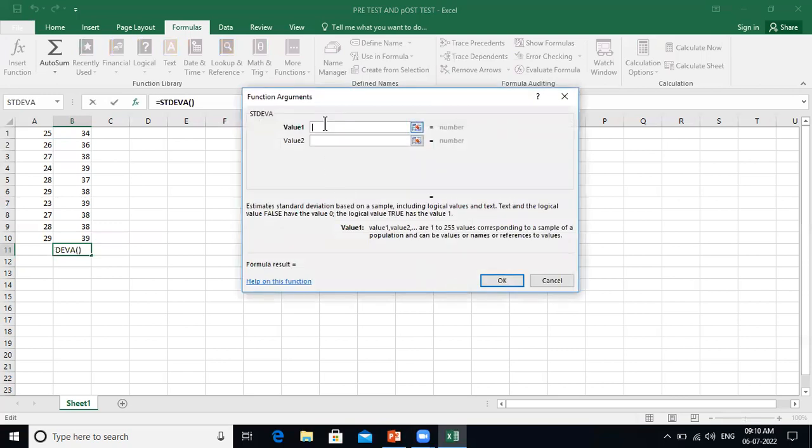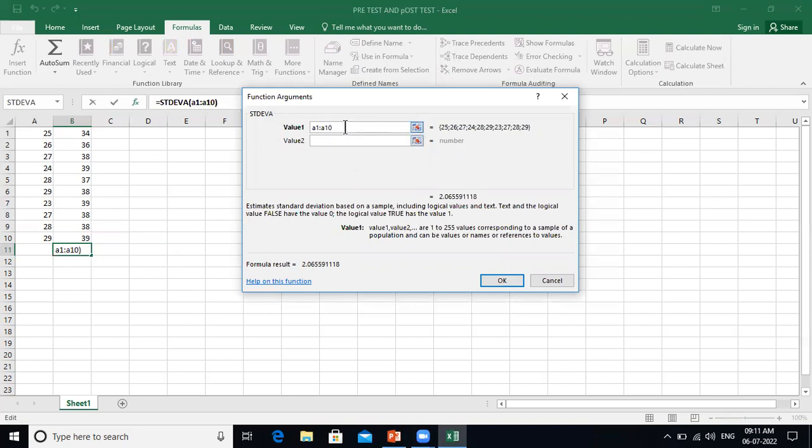Again go here, everyone: A1 to A10. See here, 2.065, which means 2.07, is the standard deviation belonging to our pre-test. The answer is here as well as here.